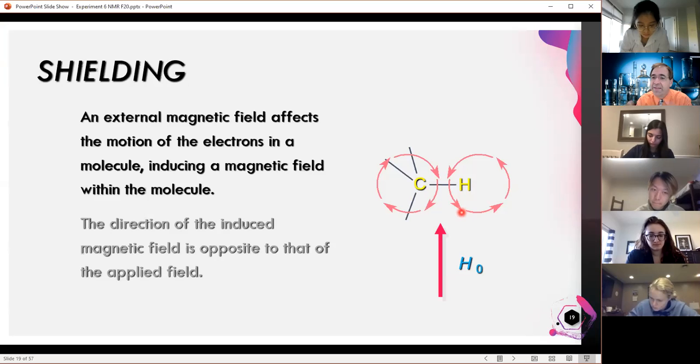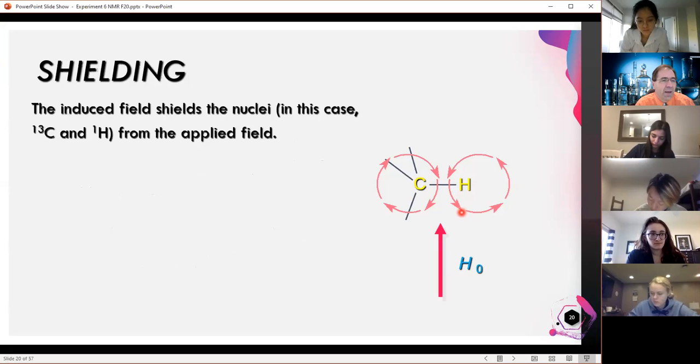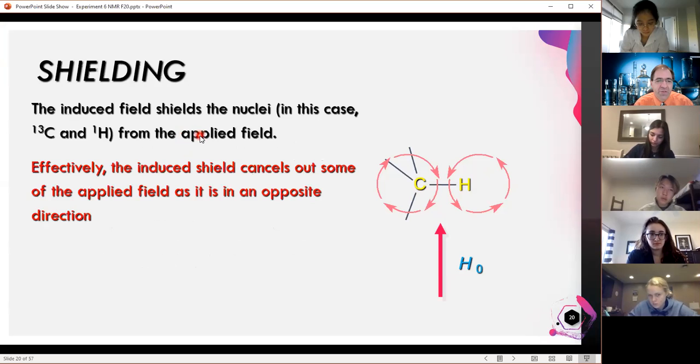So we can start to see whether this proton is near an electronegative atom or something along those lines, okay? We refer to this as shielding, because we're shielding the nucleus from the external magnetic field by opposing some of it. So the induced field shields the nuclei. Effectively, the induced field cancels out some of the applied field.